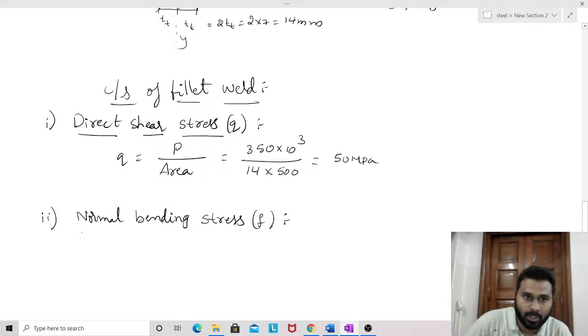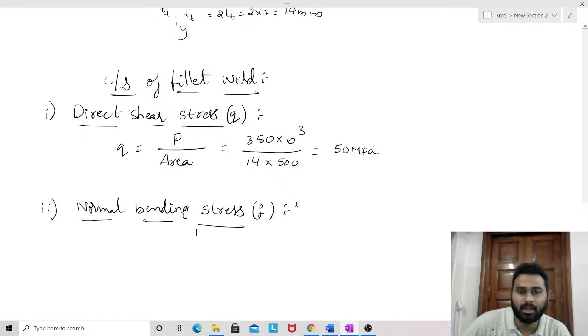Normal bending stress we represent with F. The formula we use to calculate the normal bending stress is the formula we studied in strength of materials in the topic of pure bending, in the simple theory of bending. The very same formula we are going to use here to get this bending stress.